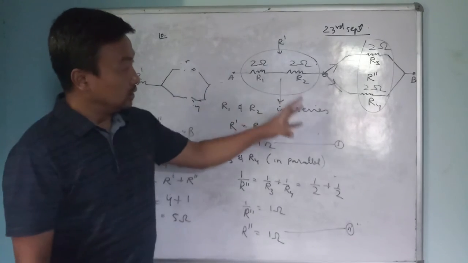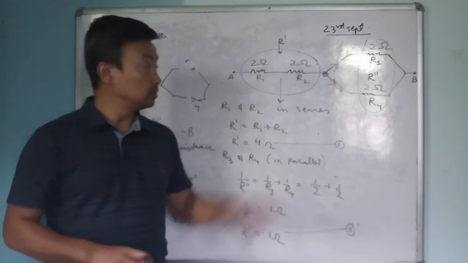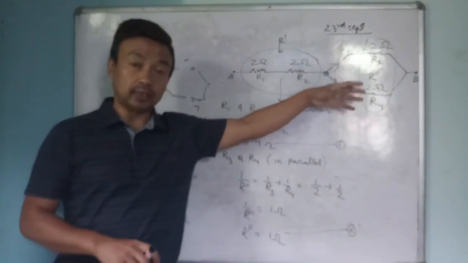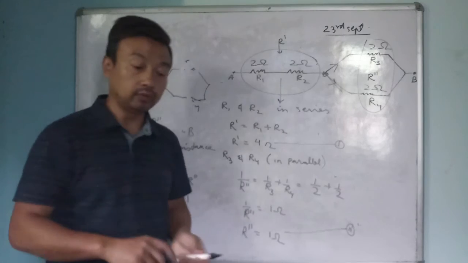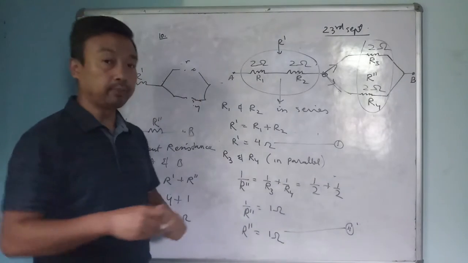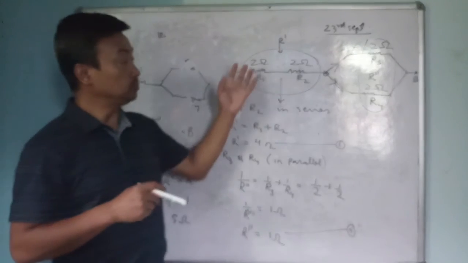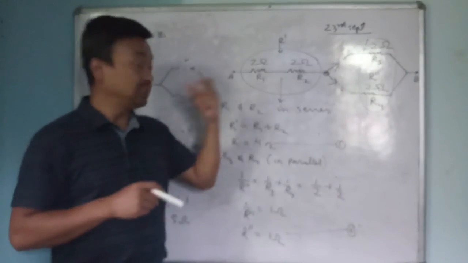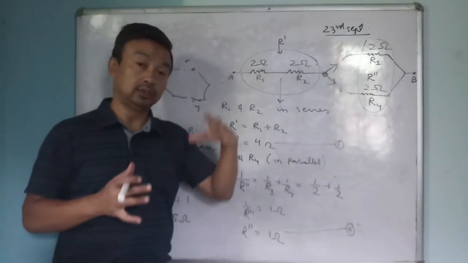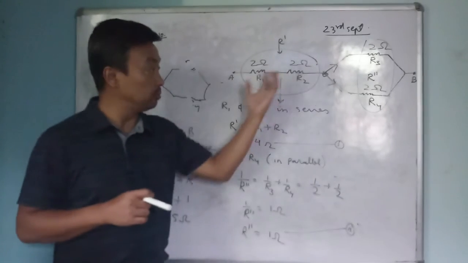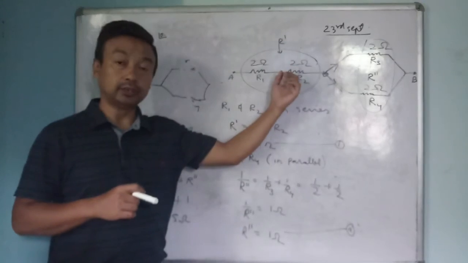There will be different types of combinations. There are many questions which have come in ICSE. In the next class I am going to solve a few for you, but the basic idea is that you have to find the equivalent resistance. Whatever resistances are given, in whatever combinations, there will be a mixture of the combinations.